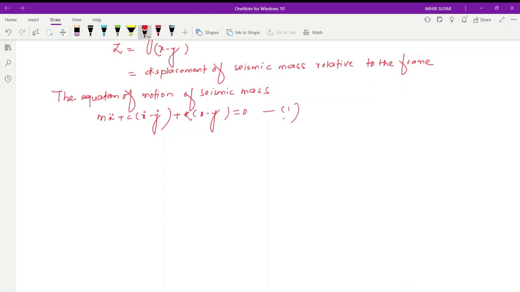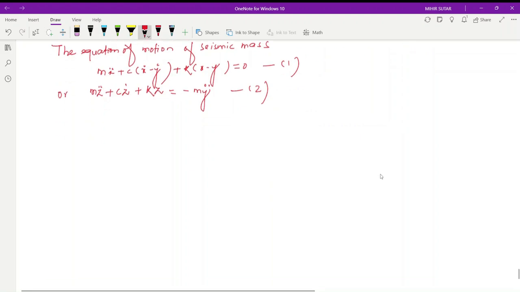Let this be equation 1, and we can write equation 1 as m z double dot plus c z dot plus k z equal to minus m y double dot. Let's say this is equation 2, because we introduce z here. Z is x minus y. So that y term will come to the right side; when you add it on the left side, it becomes x again.